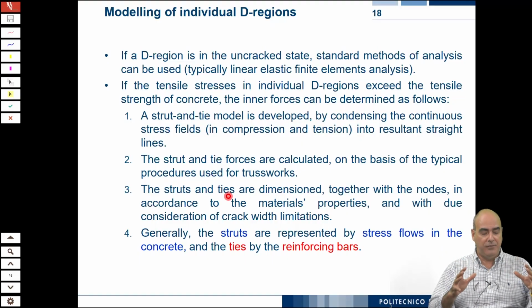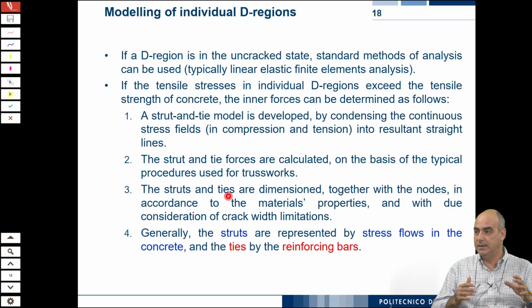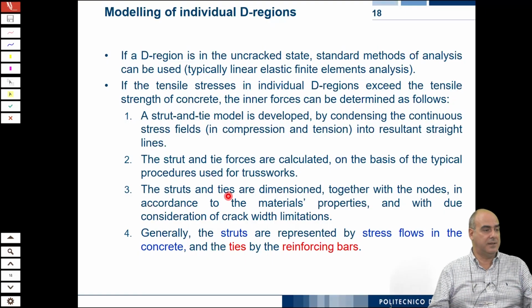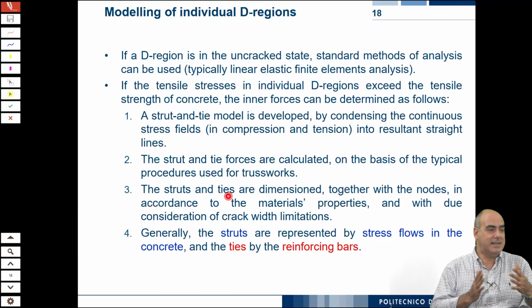So you identify your stress fields, and what do you do? You concentrate these stress fields around their center lines. Compressive stress fields are the struts. Tensile stress fields are the ties. And in reinforced concrete, the ties are steel bars, it cannot be otherwise, and the struts are regions of concrete.